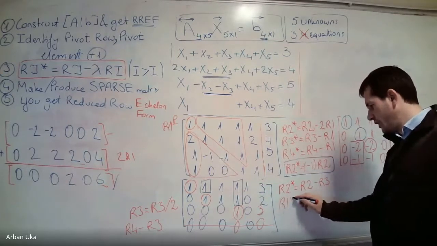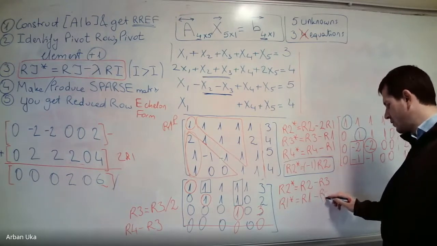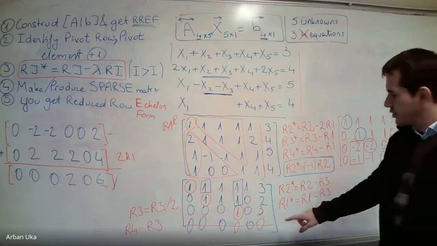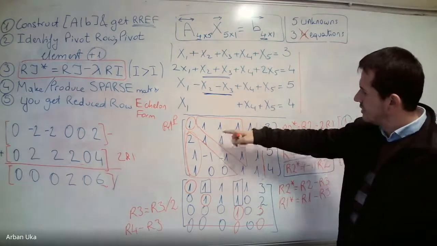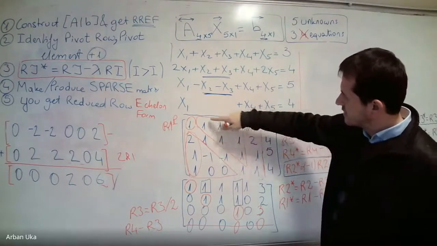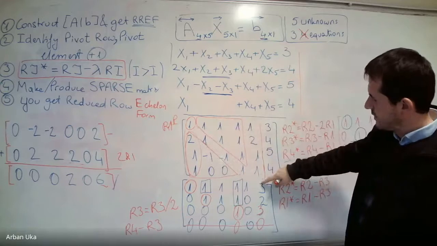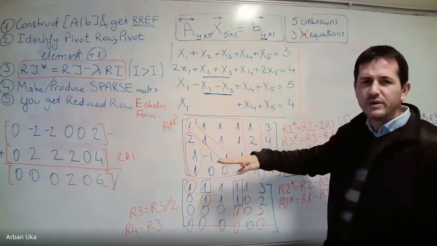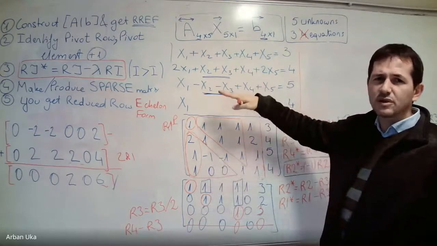We say row 1 star is equal to row 1 minus row 3. Why are we using row 3 here? Because row 3 is now the pivot, okay? When we make zeros in this section above the diagonal, so diagonal Echelon, okay? So when we make zeros above the diagonal, we use the lower rows as pivot to make zeros above.